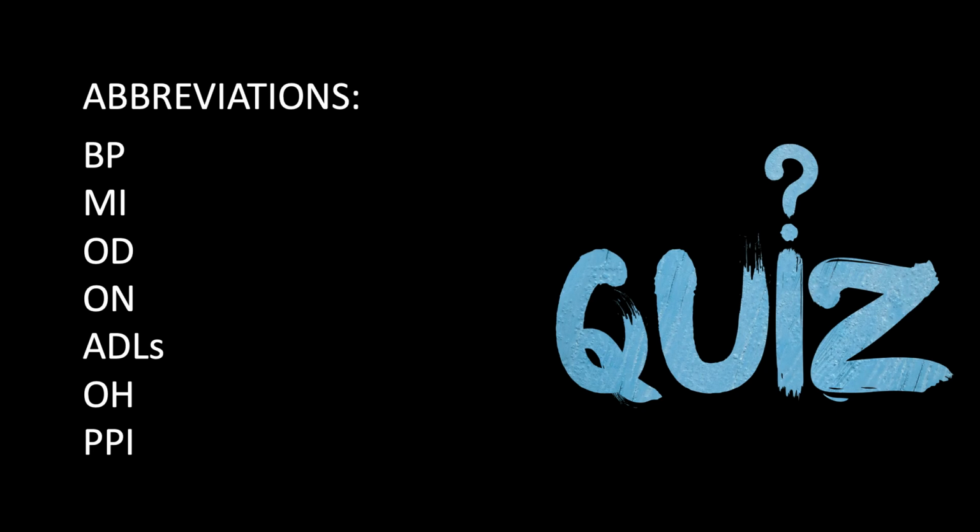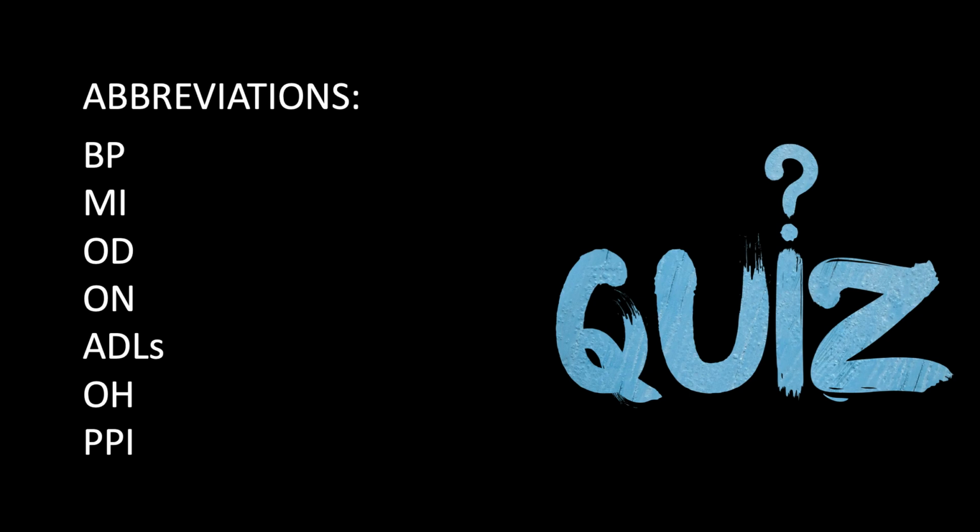And to finish off, let's look at some of the abbreviations that we covered in this week's case. BP. Let's see if you can remember what that one was. What's BP? Blood pressure. MI, myocardial infarction. OD, from the Latin, but in English it would mean once daily. ON, also from the Latin, but we're talking about once at night time, so one tablet at night.